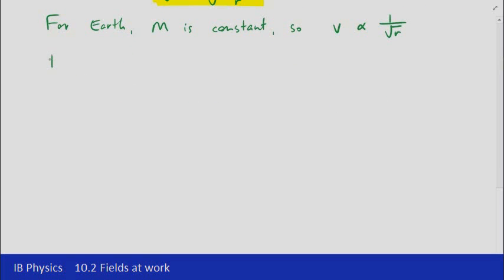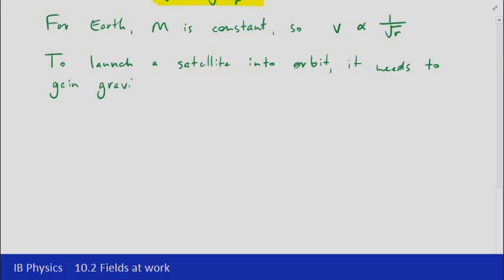Now that means that if we want to launch an object into orbit, let's say a satellite, we need to do two things. First of all, it needs to gain gravitational potential energy. If it's on the surface of the Earth, it's going to have a certain gravitational potential, and so it needs to be raised to a higher gravitational potential.